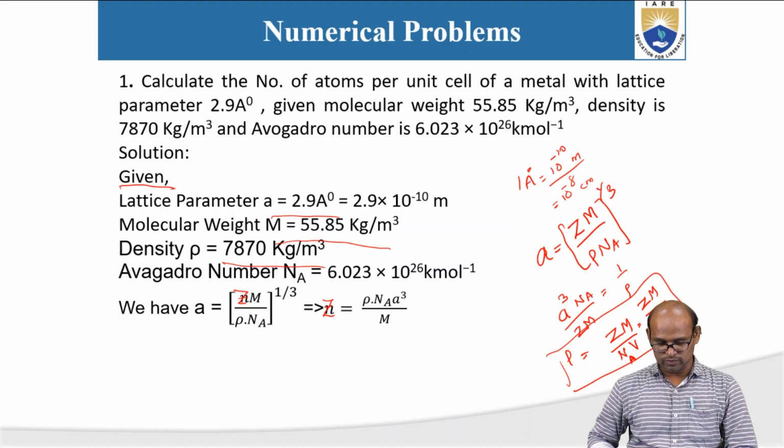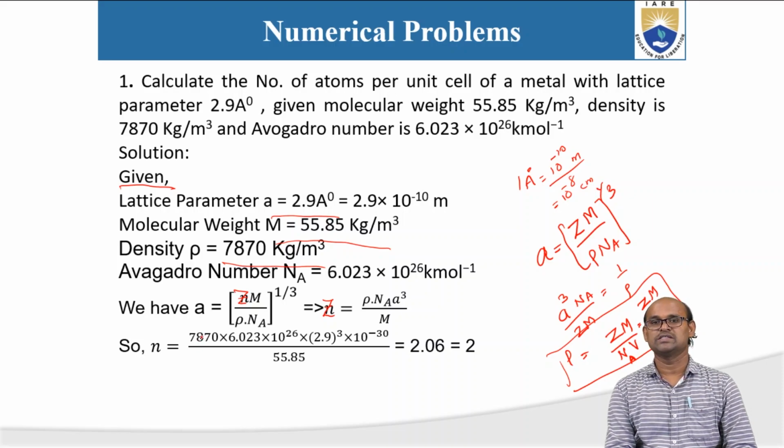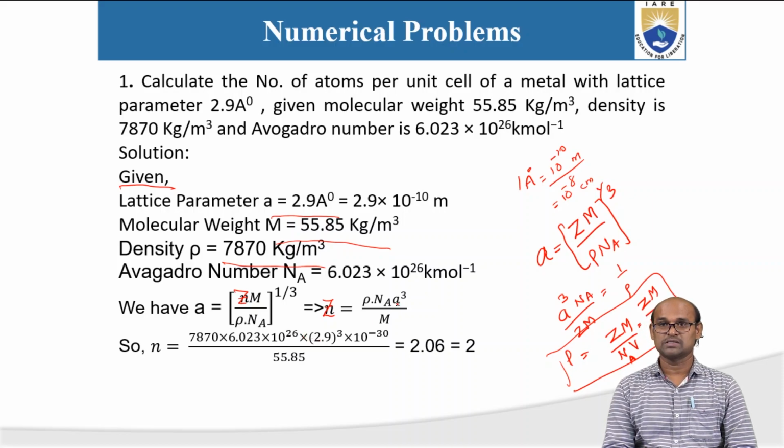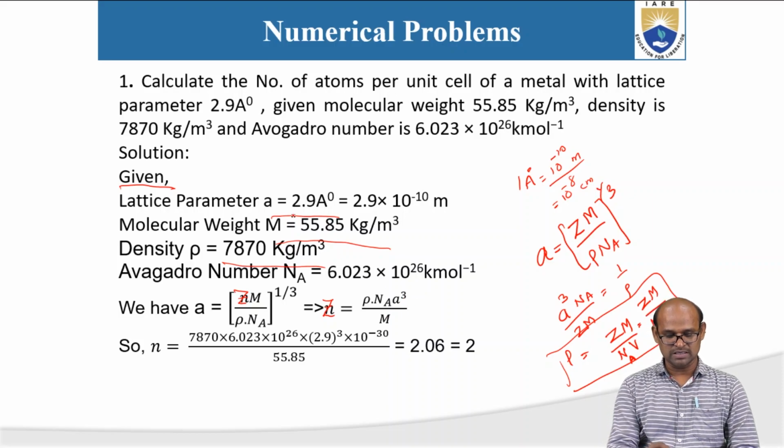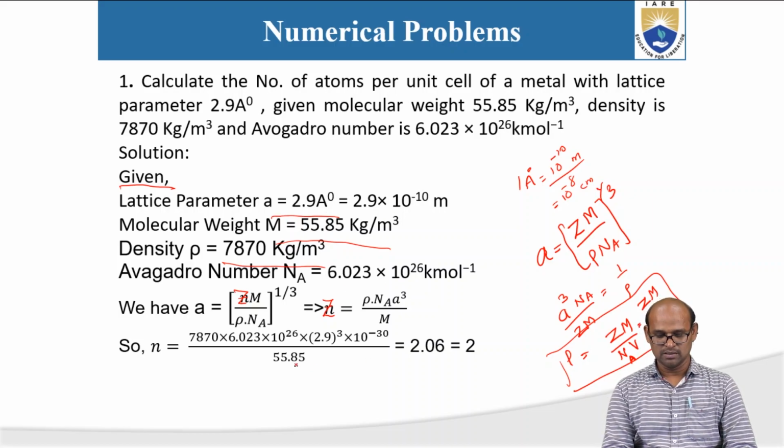Now we have to substitute all the values. Density rho is given as 7870, the Avogadro number is 6.023 into 10 power 26, because it is per kilomole, and A is the given lattice constant, 2.9 angstroms or 2.9 into 10 power minus 10, divided by molecular weight 55.85.